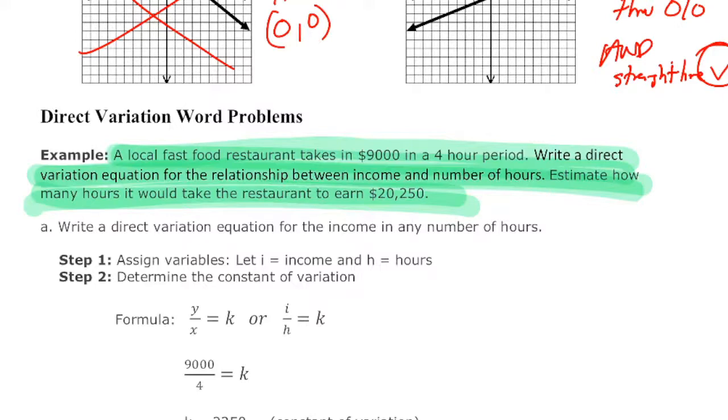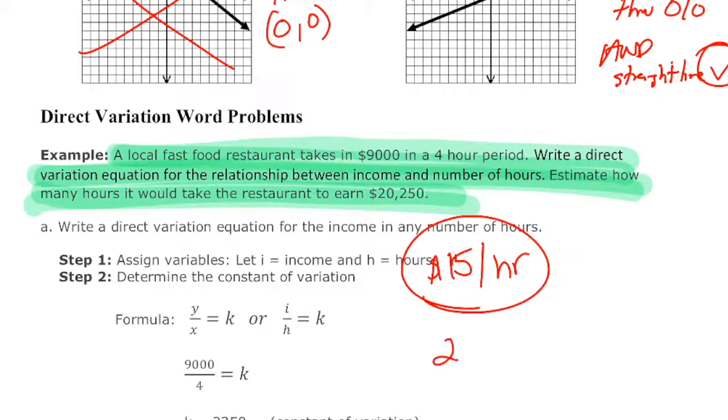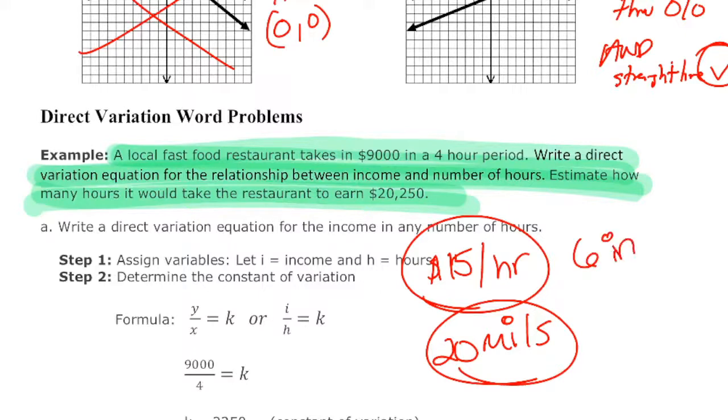Because I just said the same thing twice, right? People talk about you making $15 per hour. That is a rate. They can talk about you going 20 miles per second. That's another rate. They can talk about you growing 6 inches per, I don't know, Jolly Rancher.